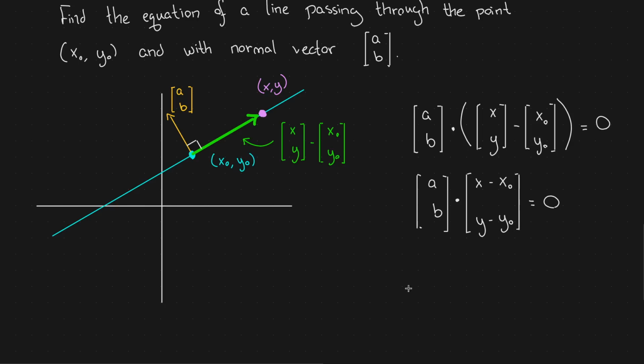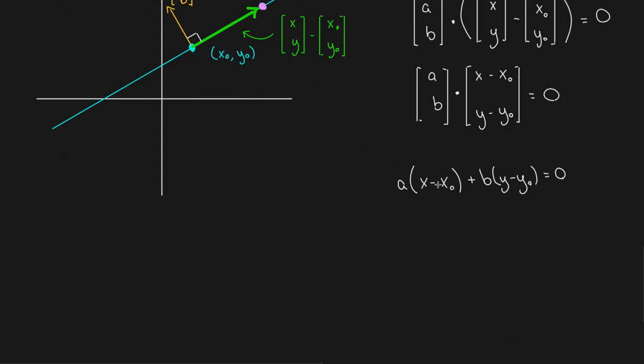And if I take the dot product and multiply corresponding components, I have the general equation of a line in 2 dimensions. This line can go through any point. Okay, and I could actually go even further. This is a nice form for the equation of a line, but I could actually go even further.